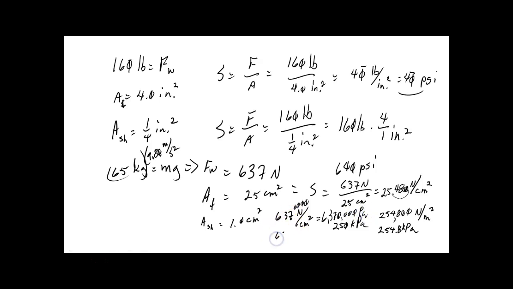That would be 6,370 kilopascals. They probably rounded to 6.4 times 10 to the 6 pascals. Huge, huge number. Okay? Or 6,400 kilopascals. They rounded it to 2 digits.